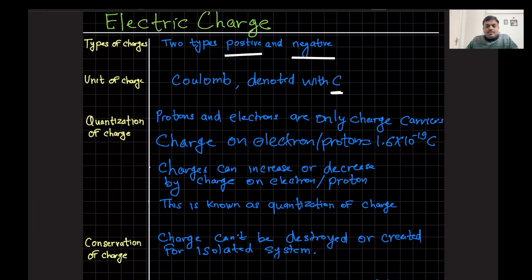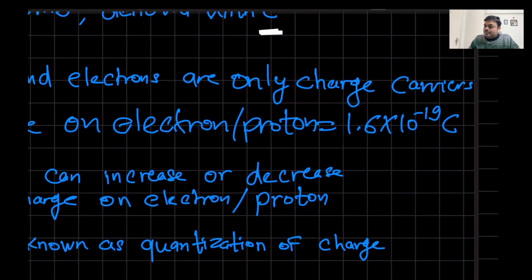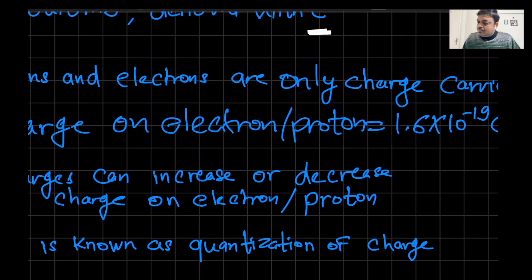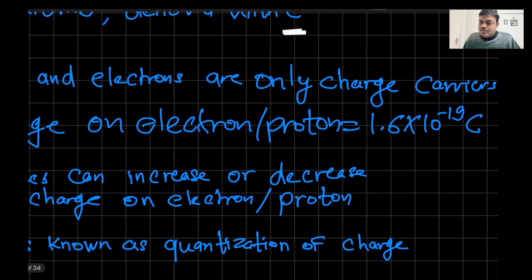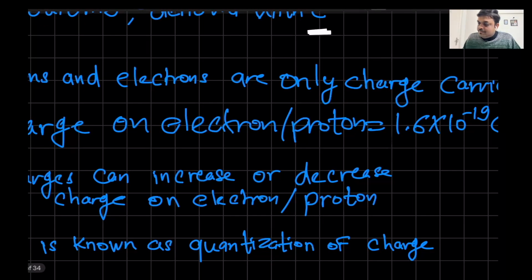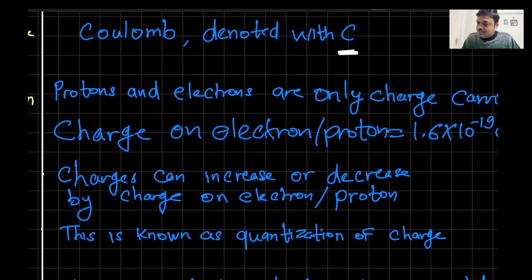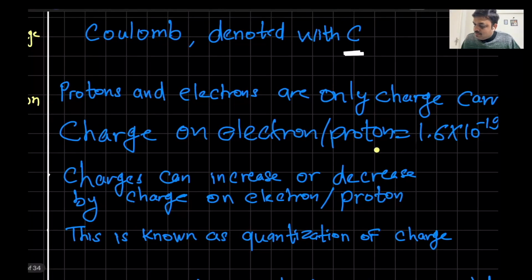Second important thing is that the standard unit of charge is coulomb. We have talked about protons and electrons being responsible for all the charges in this universe. The charge of an electron or proton is 1.6 times 10 raised to power minus 19 coulombs. However, I would make it more precise. It is 1.602 times 10 raised to power minus 19 coulombs.